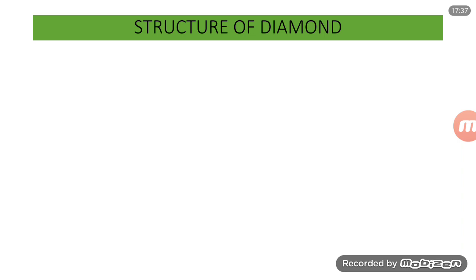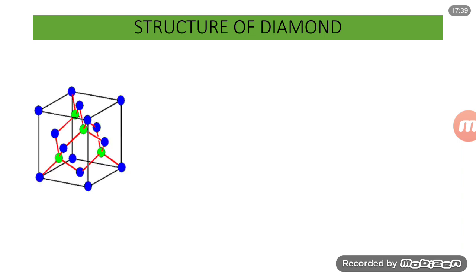Coming to the structure of diamond, it is very important. This is the structure of the diamond in 3D. The purple dots and the green dots represent the carbon atoms, and the red lines depict the covalent bonds between the carbon atoms.